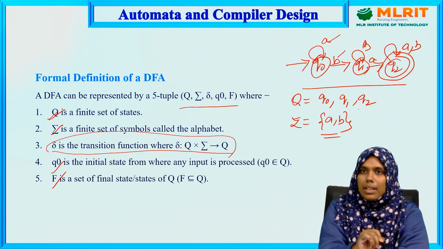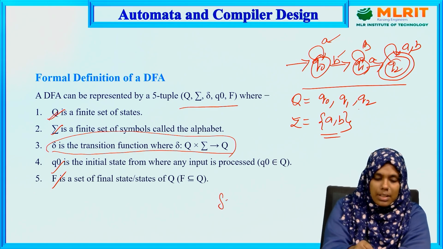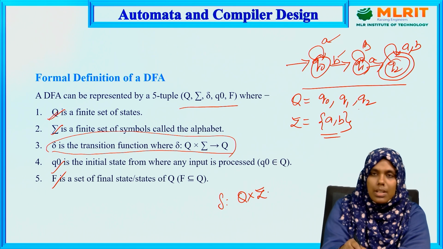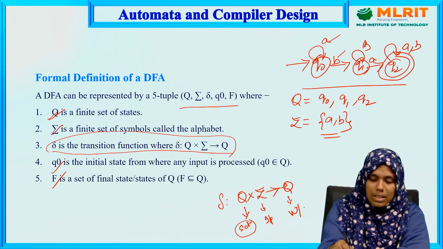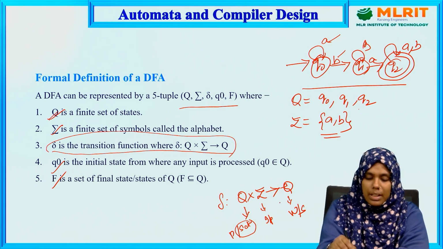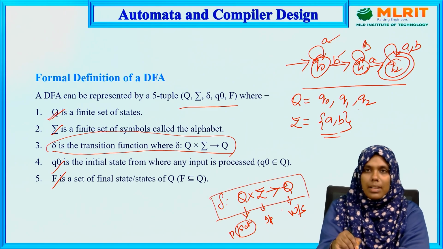In the DFA, the transition function can be written as Q into sigma tends to Q. That means Q stands for the set of states: a present state with an input alphabet goes to the next state. We will elaborate this with an example in the next slide.